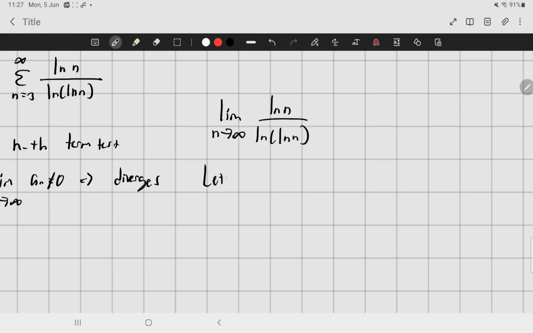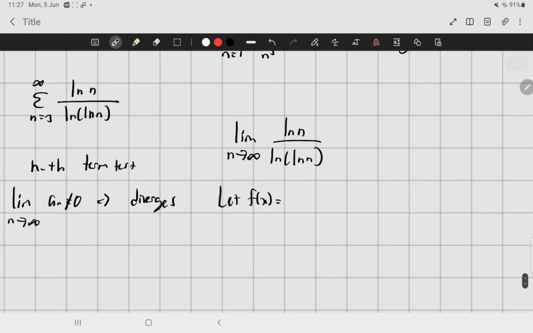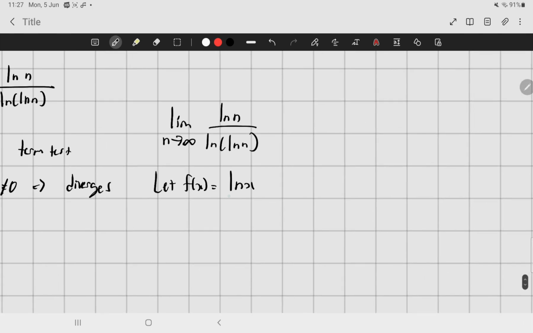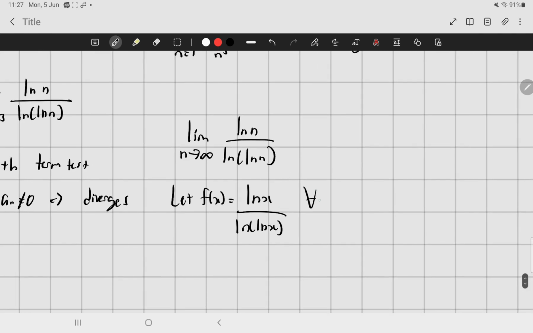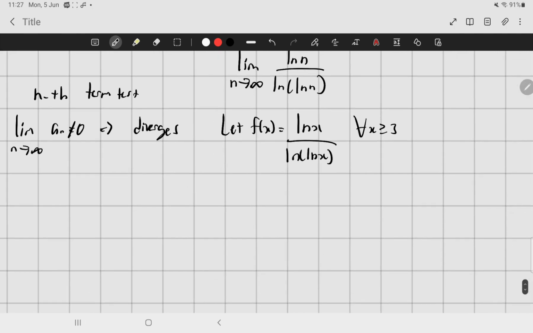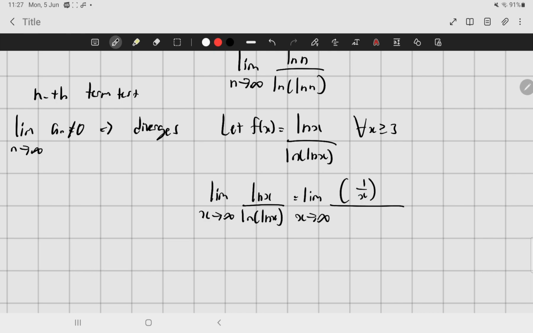All right, so let f of x be ln x over ln x for all x larger or equal to 3. As x approaches infinity, it is an indeterminate form. Therefore, if we differentiate, this cancels.